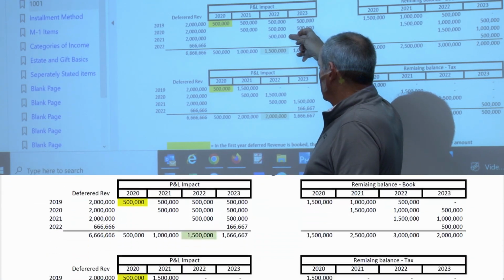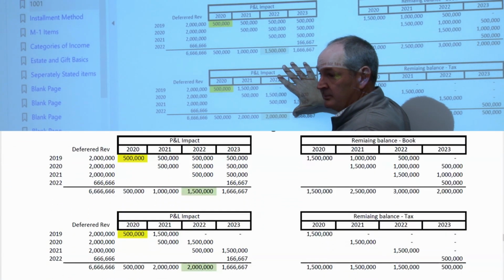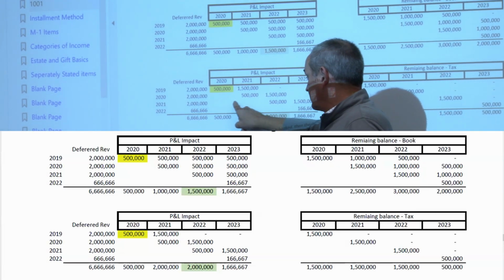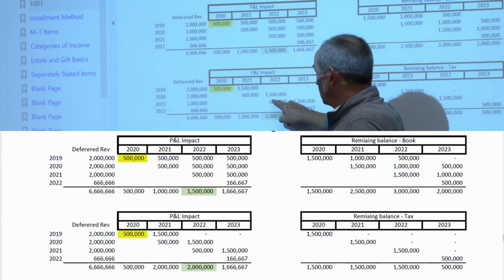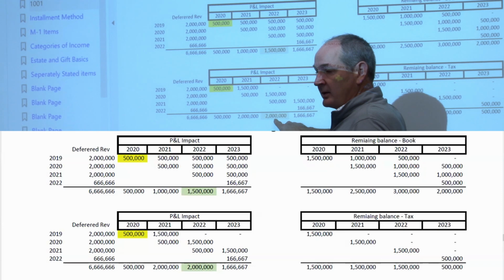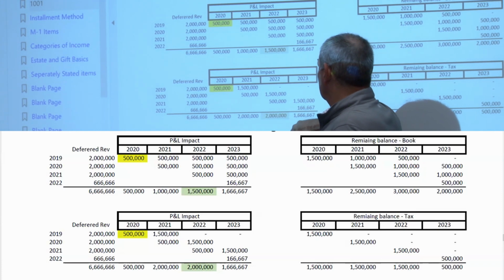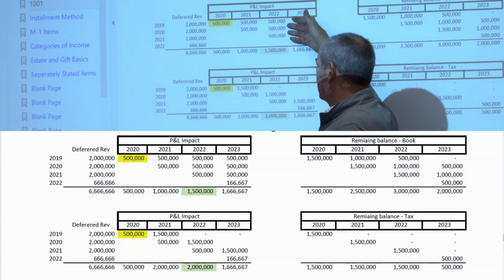GAAP in 2021, we're recognizing the 500 and 500, right? For tax, we have to recognize the remaining amount from the previous year of $1.5 million. So for tax, I got $2 million of recognition for tax purposes. For GAAP, I have 3 tranches that are being run out for $1.5 million.